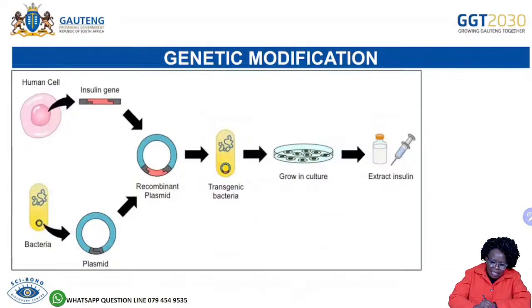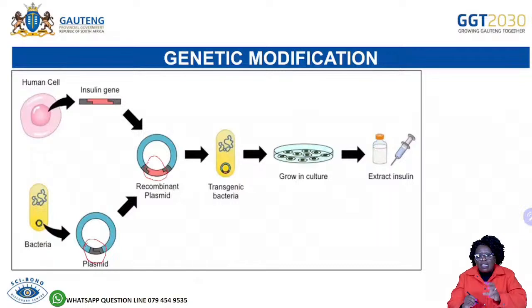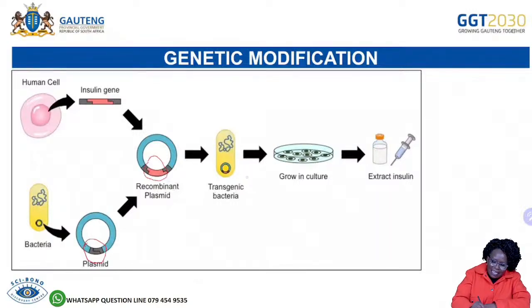Then there's the plasmid which has got the insulin gene from the human chromosome. And for your information, just remember that this is now called the recombinant plasmid because it has the human insulin gene inserted on it. We say the plasmid is recombinant, and we say that the bacteria is transgenic.